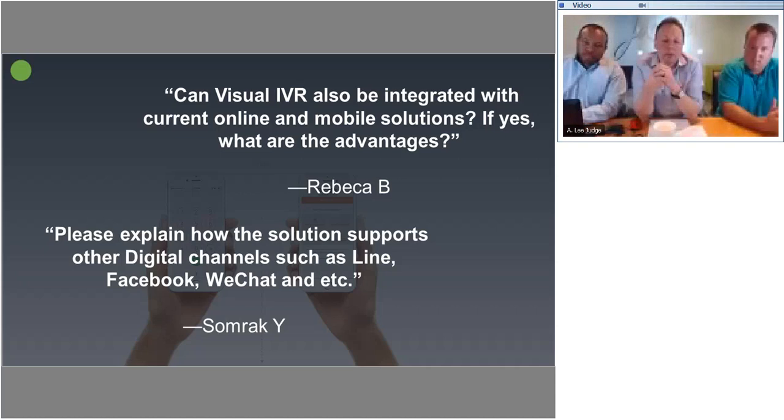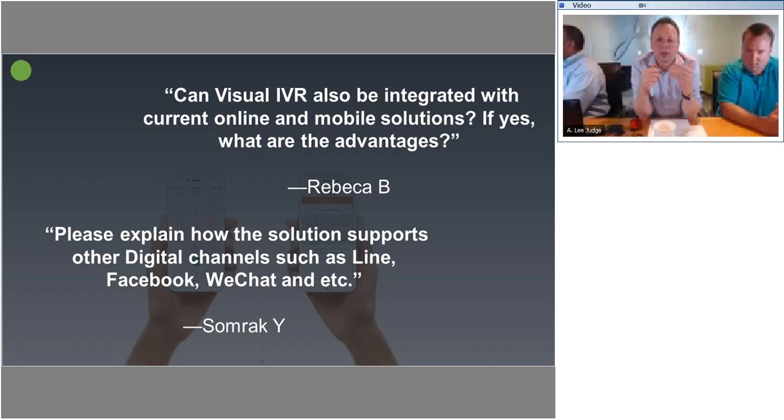When somebody comes to your website, and we know this happens often, I'm guilty of this, I go to your website only to find your phone number. What you can do there is put a contact us button, which actually starts a Visual IVR session right then and there, which can drive me through a certain self-help kind of menu, and then if necessary, still give me a phone number at the end of that where I need to talk for assisted service.